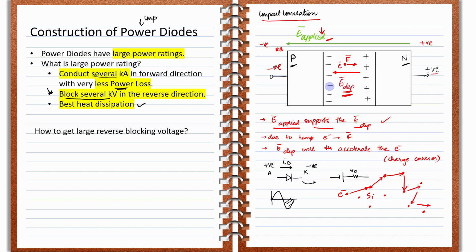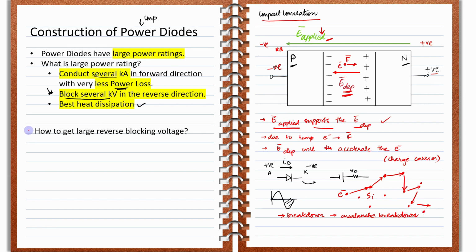And this large increase of reverse current might damage the device, and this type of breakdown is actually called avalanche breakdown. So I hope the concept of impact ionization and avalanche breakdown is clear now.